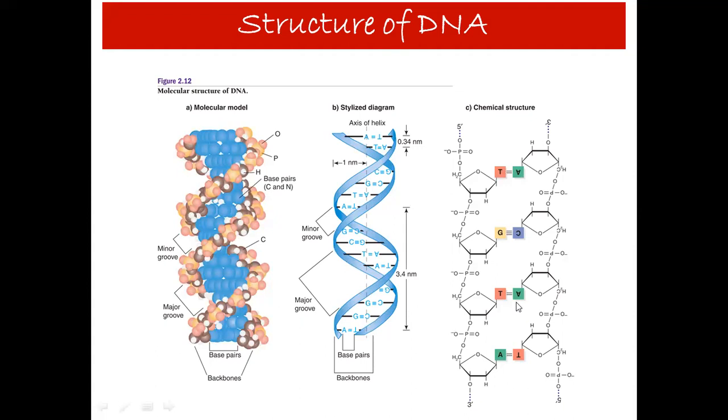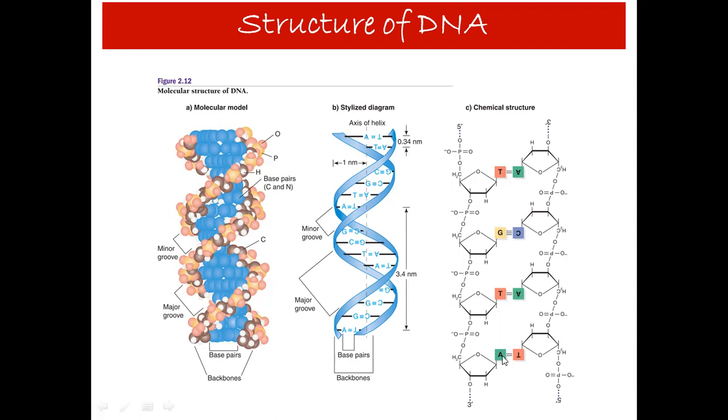Now, in the next level, you can see that these four bases are able to form hydrogen bonds in a selective fashion, which is known as complementary base pairing. It means that adenine can form hydrogen bonding only with thymine, whereas guanine can form hydrogen bonding only with cytosine.